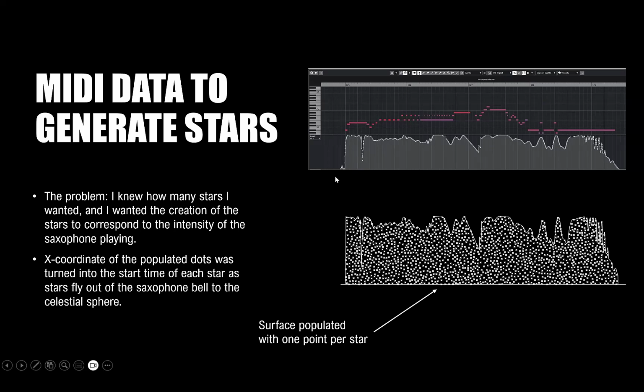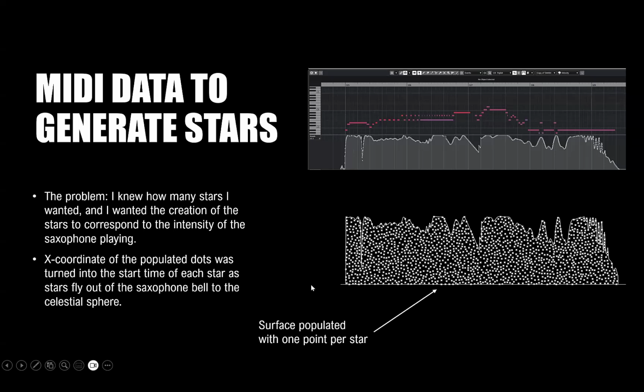So I took this breath controller data and I created a surface from it, and then I populated it with a populate surface component. So it was quite easy when I found out the solution. And the amount of points, of course, is the amount of stars that I needed.